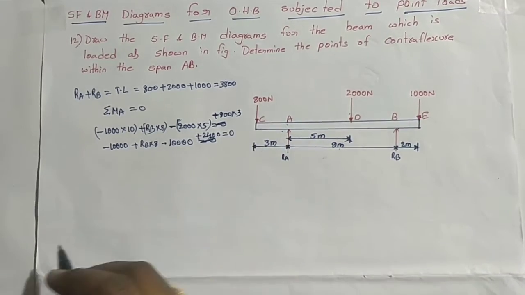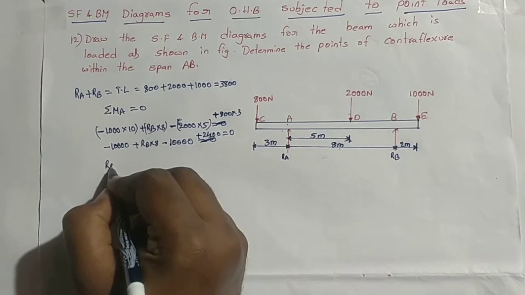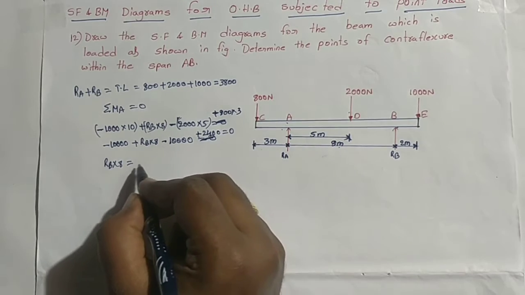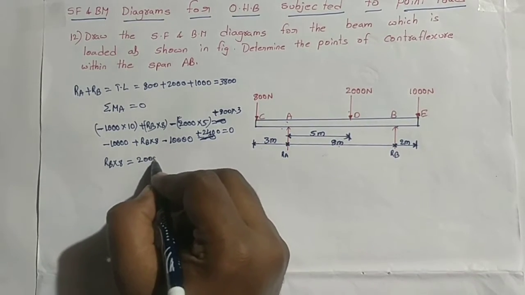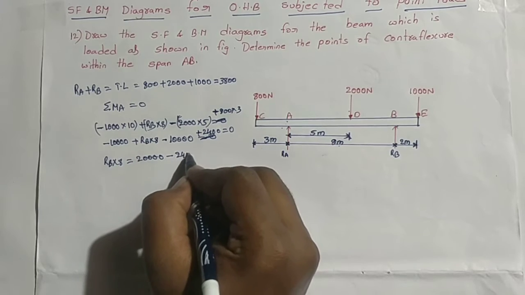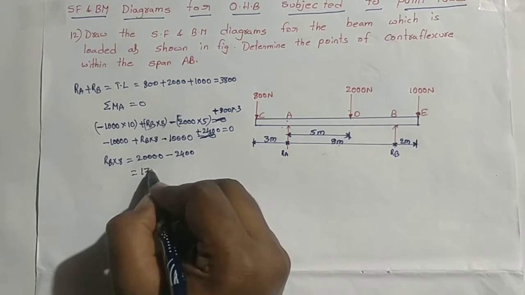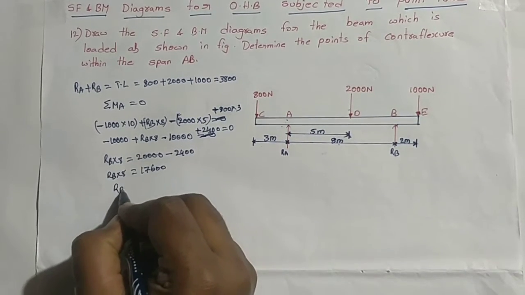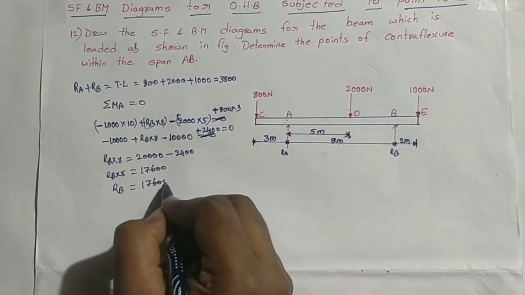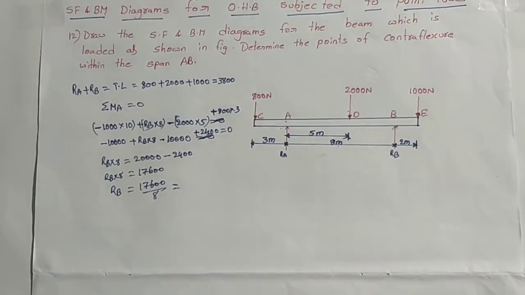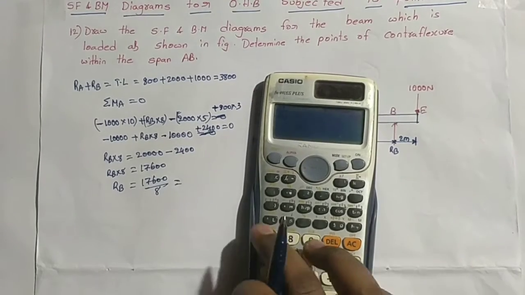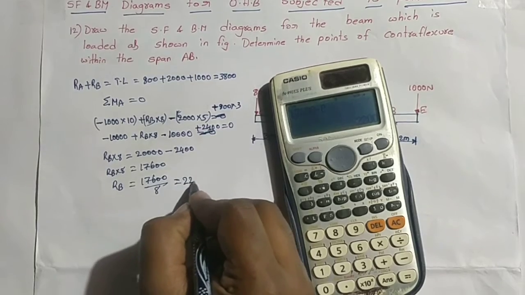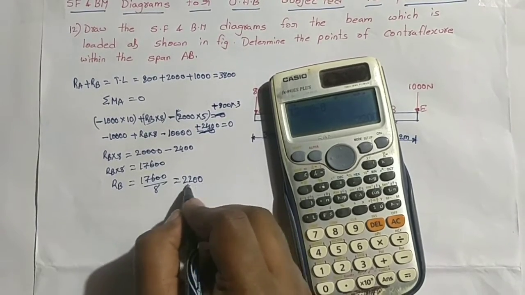So 2400 equals 0. So RB into 8 is equal to 20,000 minus 2,400, that equals 17,600. RB into 8 equals 17,600, therefore RB is 17,600 divided by 8, which gives 2,200. It is the value of RB.